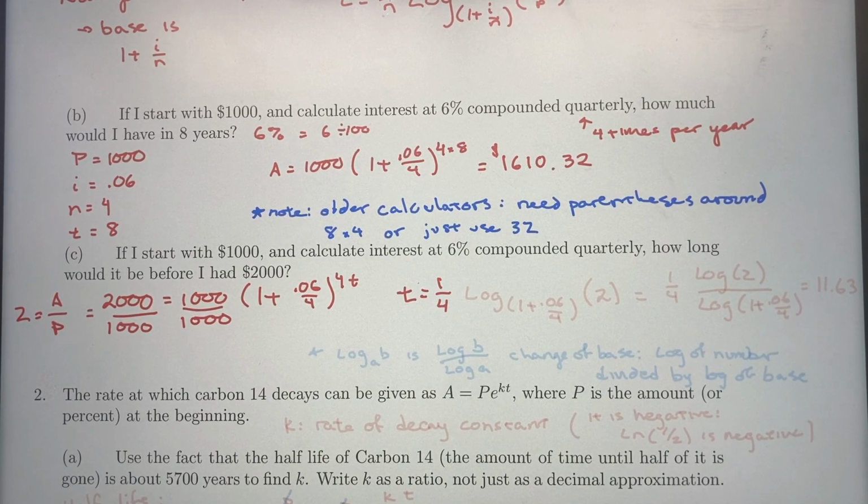So we have 1 over n times log base, silly base, A over P was just 2. How do you type this in? Change of base formula: log of the number divided by log of the base.